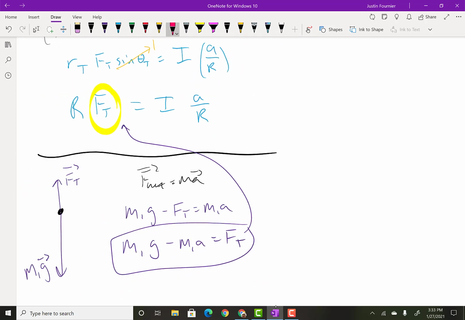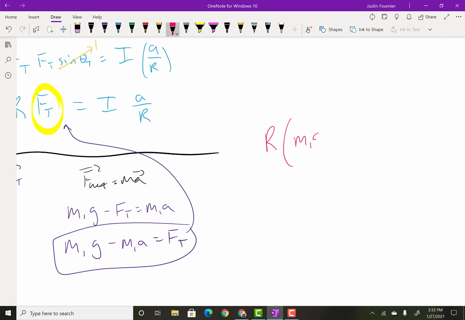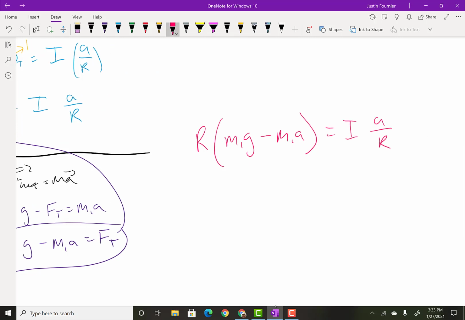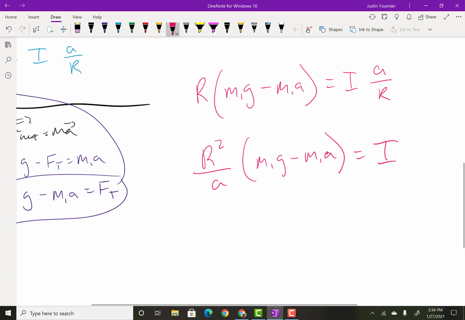That'll leave me with R, and then instead of the tension force, it's m1 g minus m1 a equals I A over R. Again, I know my acceleration, so I'm going to multiply both sides by R. So it's going to be R squared over A, m1 g minus m1 a, and I can finally get my moment of inertia. That would help me answer question 2, which you guys will do.